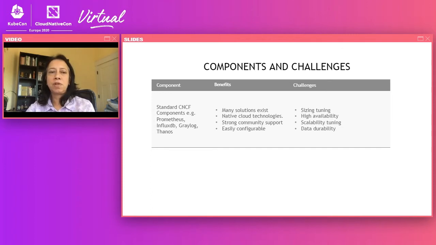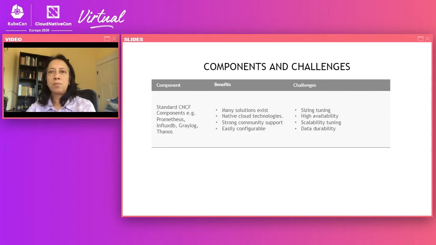Many times just an upgrade of the stack got us the resolution for an issue and improved its performance. All the components are also easily configurable via the stable Helm charts. However, there was a lot of trial and error involved in finding the right configuration for our requirements.